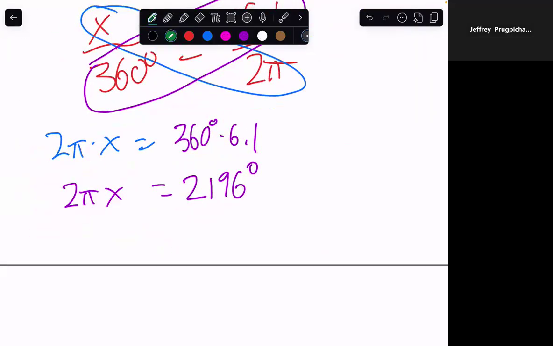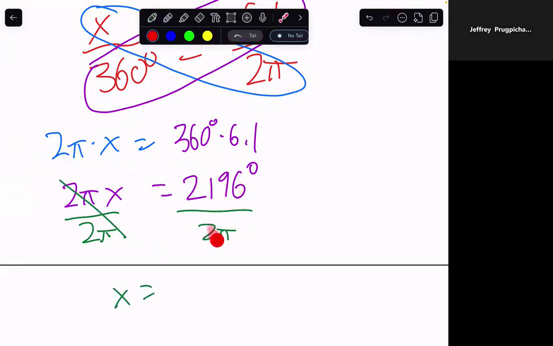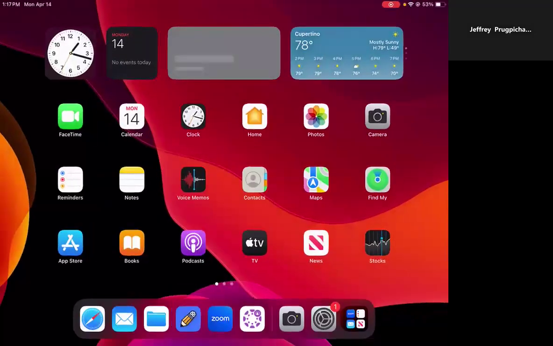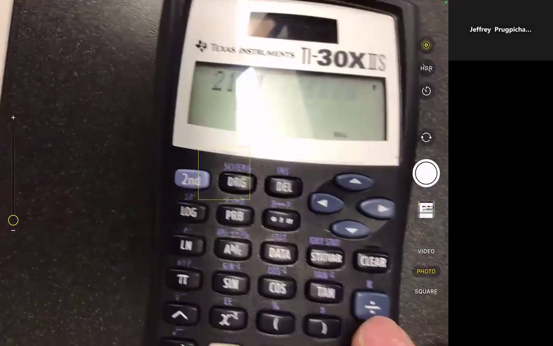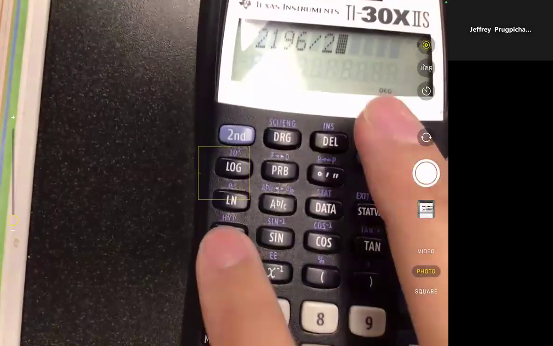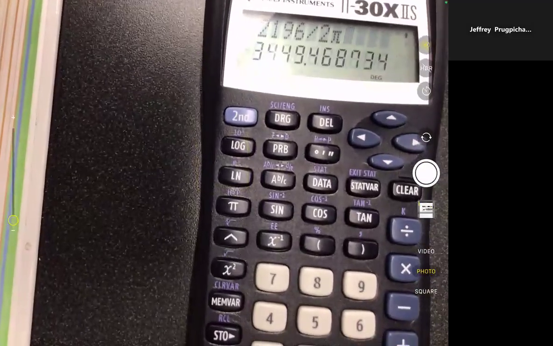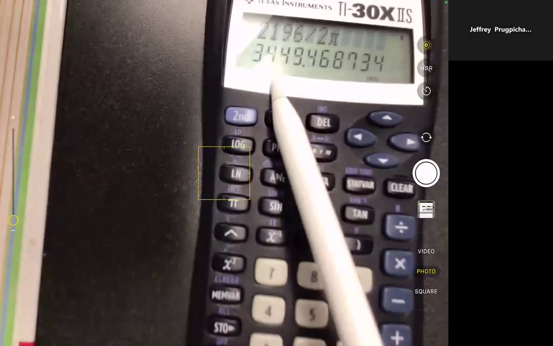So let's say I want to divide both sides by 2 pi. If you want to do this all in one step, you have to be careful about the way you type it into your calculator. Let me show you. If I type in 2196 divided by 2 pi, this answer doesn't make any sense, right?